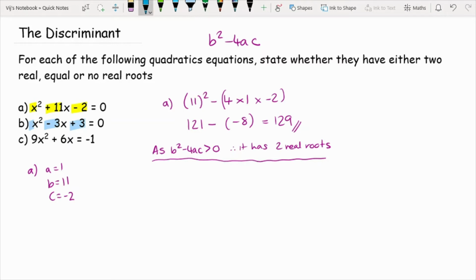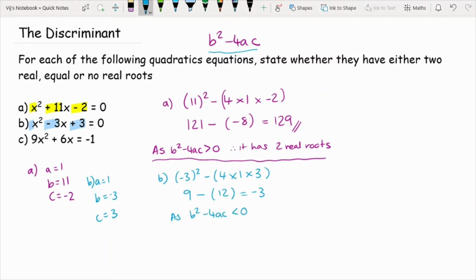So again, substituting into my discriminant formula, which is b squared minus 4ac, I've got minus 3 squared minus, bracket 4 times 1 times 3, in which here I've got 9 minus 12, which equals minus 3. So therefore, as b squared minus 4ac is less than 0, it has no solutions.